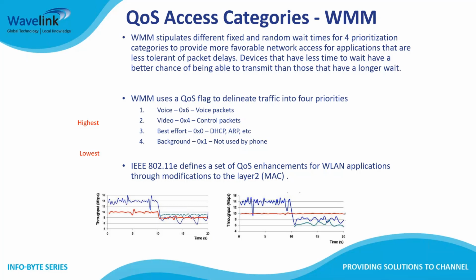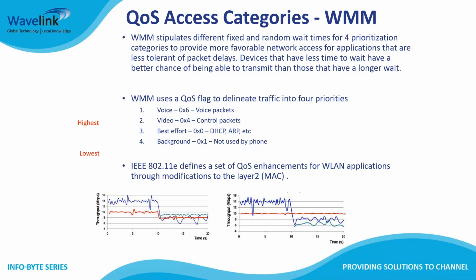So access control. WMM stipulates different fixed and random wait times for 4 prioritization categories. So those categories, your voice, video, best effort, and then background as well. And that in itself comes down to most designs when it comes to QoS on your network, always giving voice the highest priority.